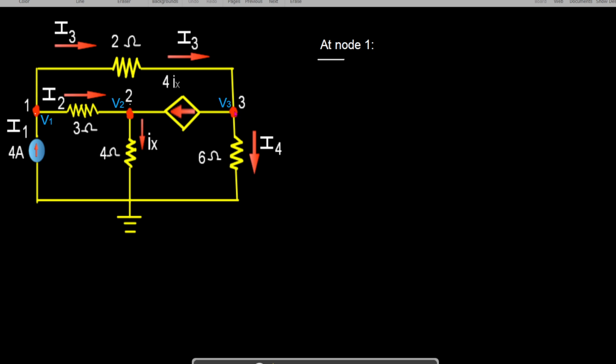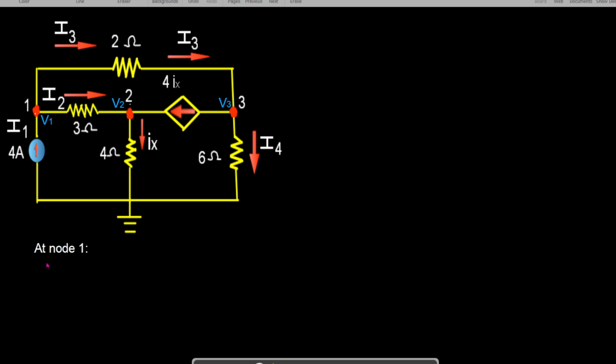Out of this third node, 4Ix is leaving and I3 is entering. Similarly, we take this I4 current as leaving. In node 1 we take the potential as V1, at node 2 it is taken as V2 potential, and at node 3 it is taken as V3 potential.